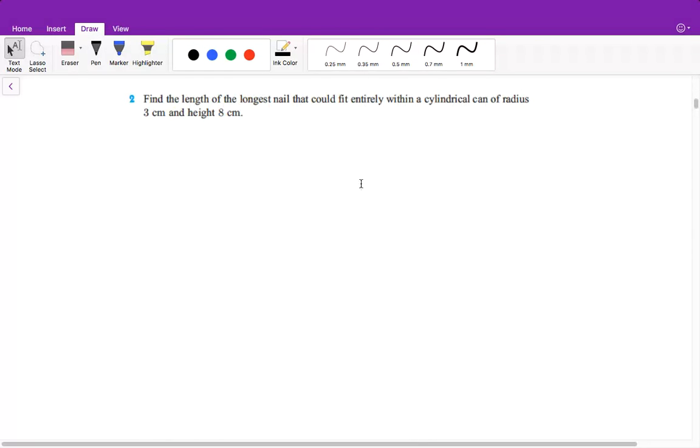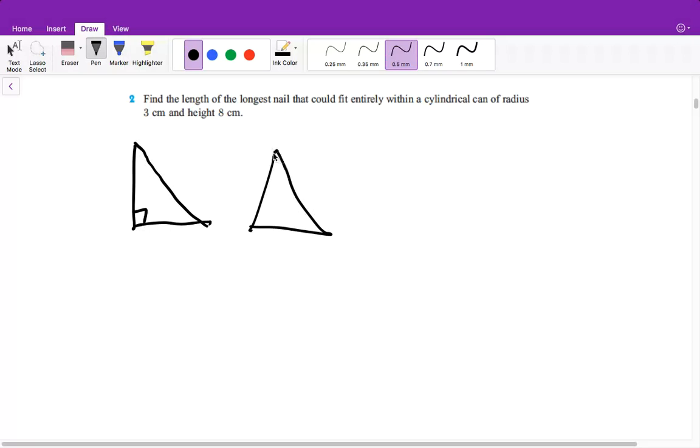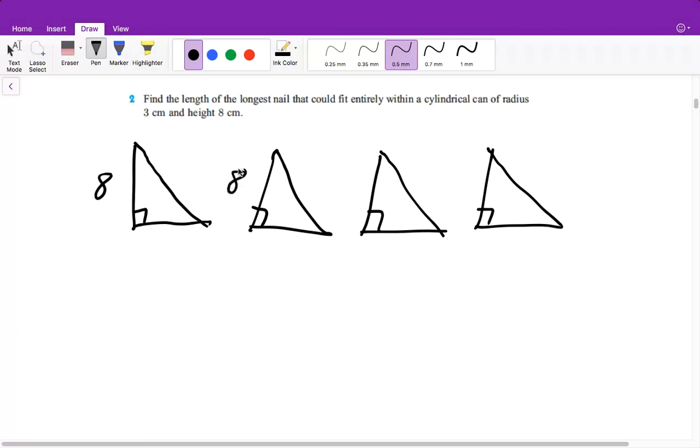Find the length of the longest nail that could fit entirely within the cylindrical can of radius 3 centimeters and height of 8 centimeters. So before we do this, I showed this to a few of you already, but if I draw 4 right angle triangles, and the height for all of them is 8, or one of the legs is 8, and then the other legs are 1, 2, 3, and 4.